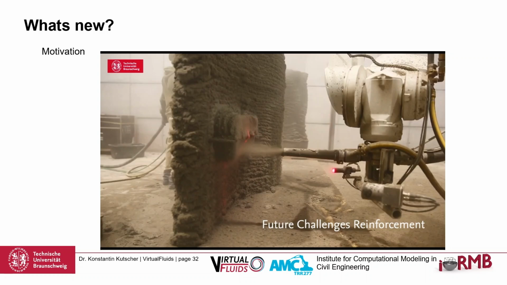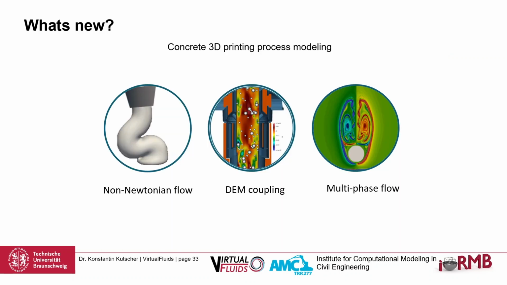So these are the three components which we need to model in this concrete 3D printing process. First, we need non-Newtonian flow for fresh concrete, then DEM coupling, discrete element methods, for modeling particles.